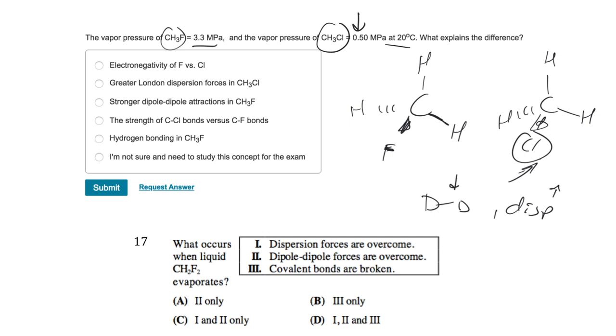So it might be less polar, but it might pick up some extra dispersion force just by virtue of being bigger, having a larger chlorine instead of a smaller fluorine atom. So now, does having a lower vapor pressure for the CH3Cl mean it has a stronger or weaker intermolecular force of attraction with itself?